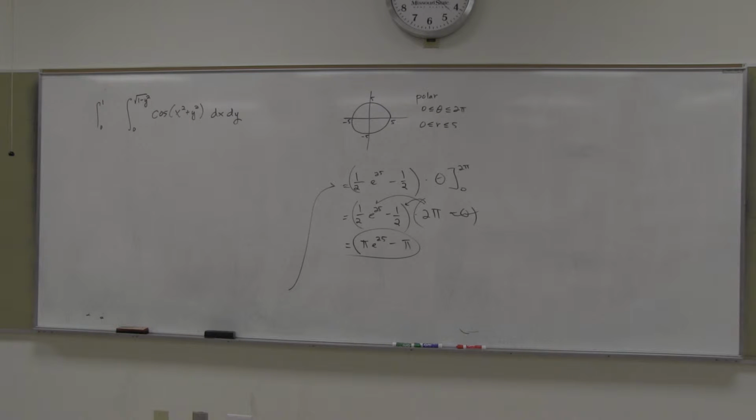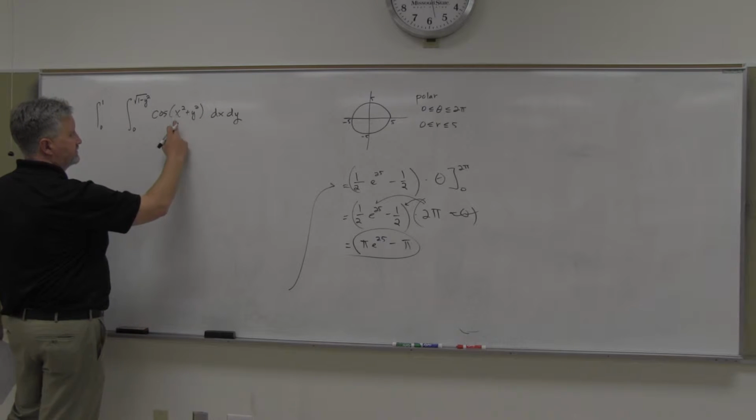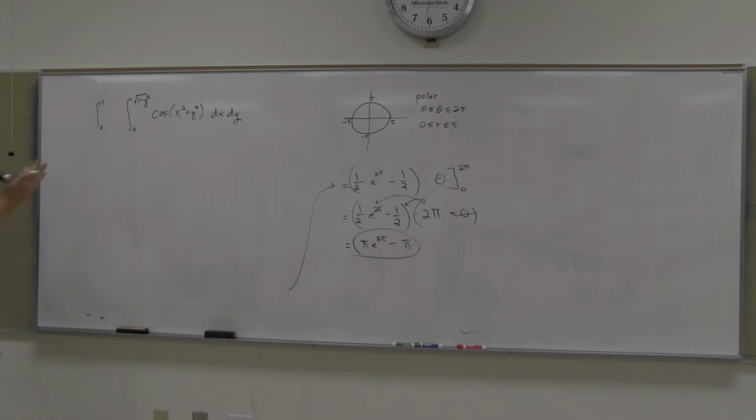I don't think you could do it as it is, because you integrate with respect to x first, and even switching, we did some where we switched the order of integration, that's not going to help because it's still probably going to leave you with that. Anyway, probably not doable as Cartesian.